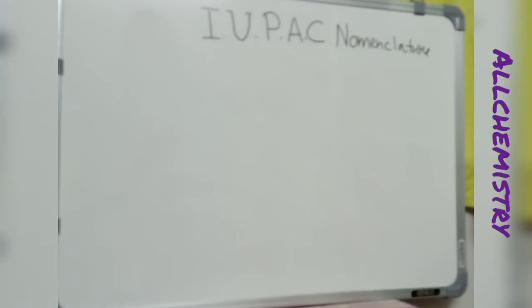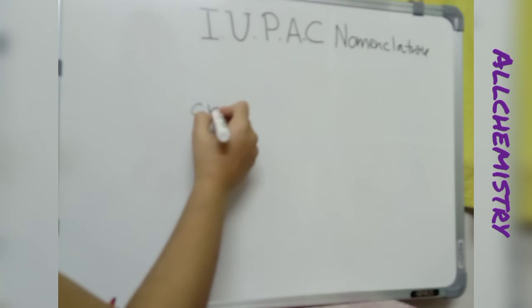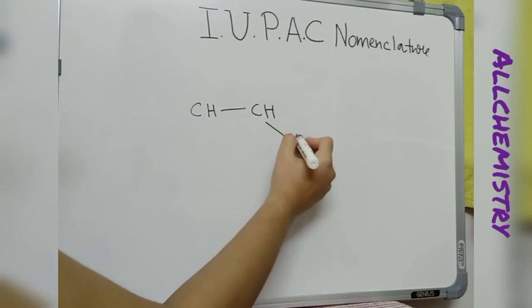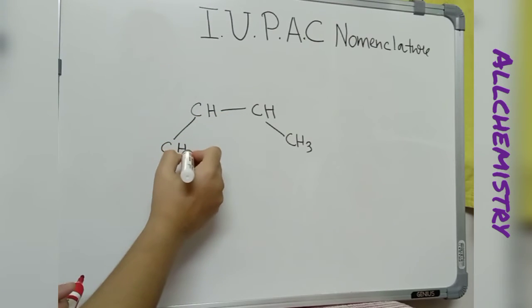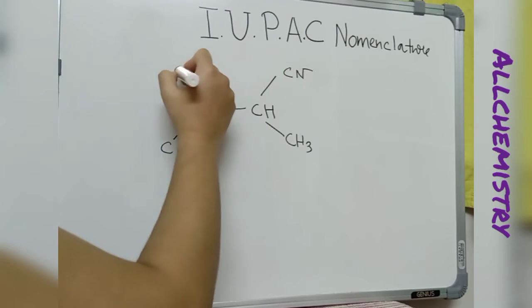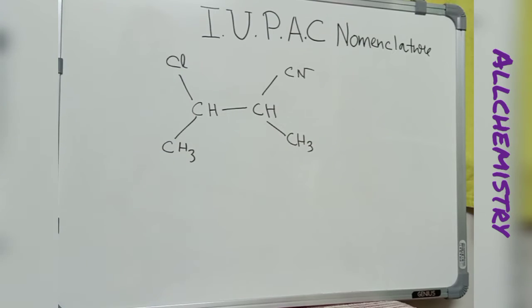So in the next case, we have another example with two substituents. Suppose we have CH3, CH3, and here a CN, and here a chlorine. Now we have to give numbering to the carbons.